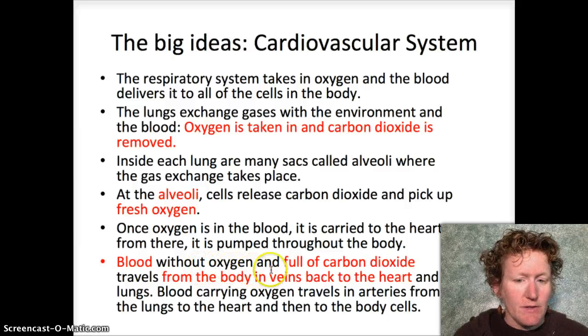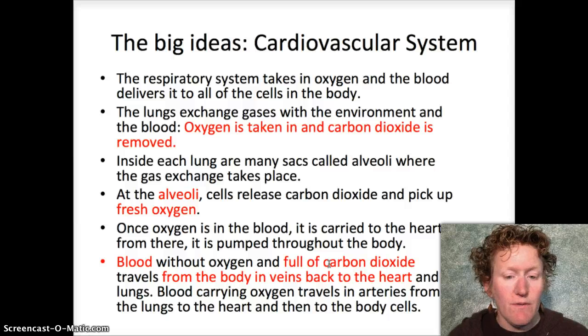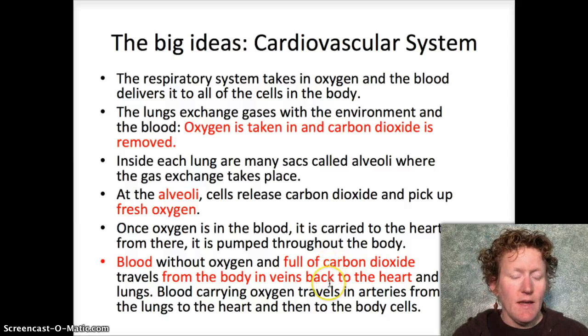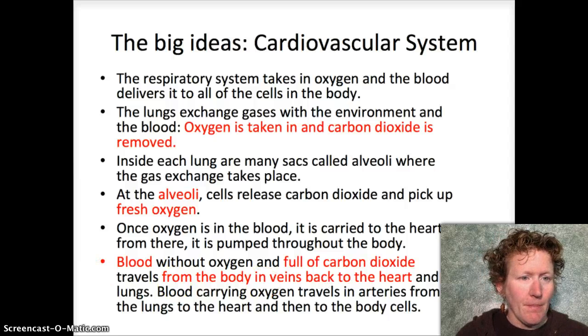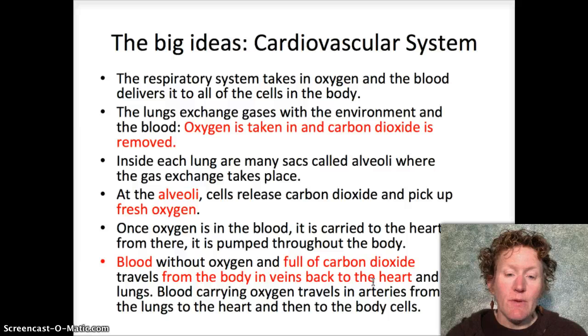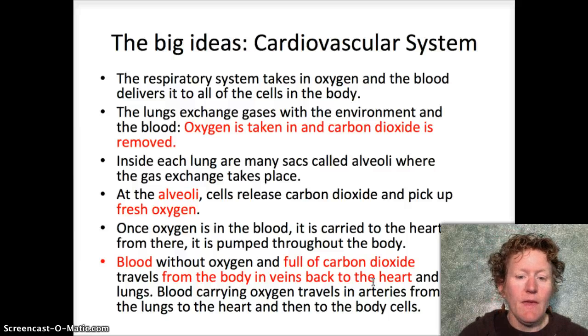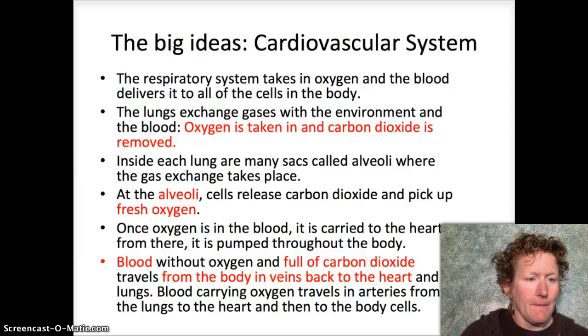Blood without oxygen and full of carbon dioxide is picked up from your cells, goes through the veins back to the heart, and through the lungs to pick up oxygen and release carbon dioxide once again. Oxygenated blood travels through your arteries, and blood without oxygen, or not too much oxygen, travels in veins.